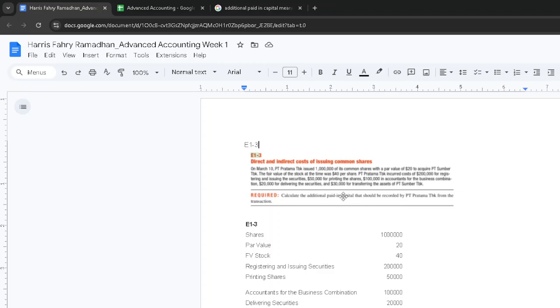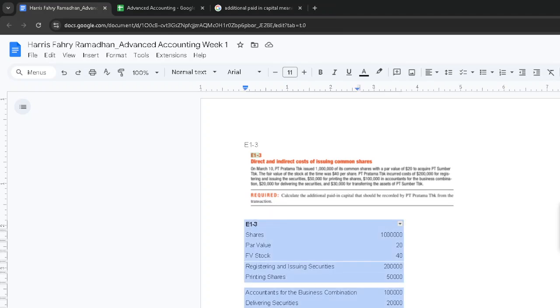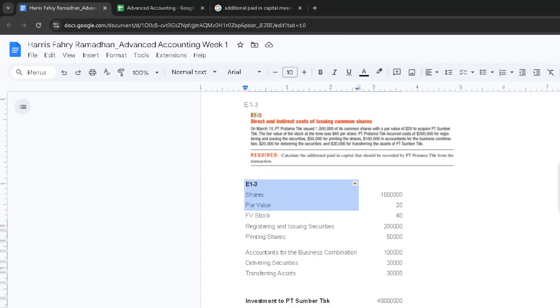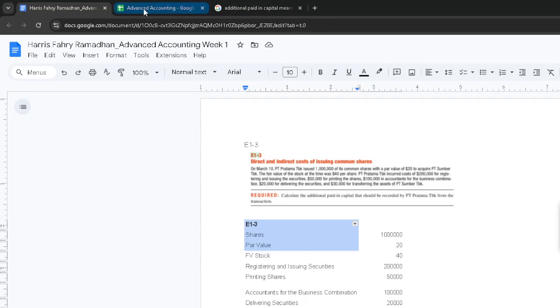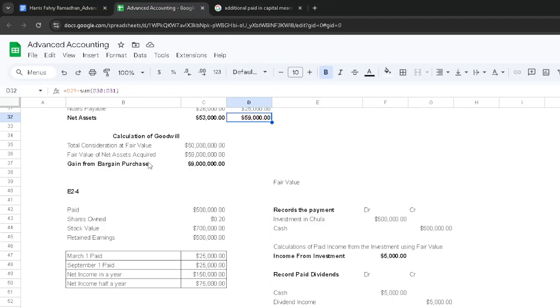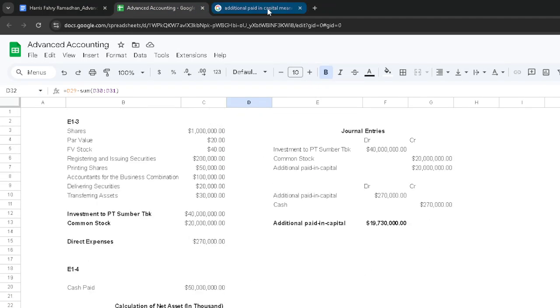The requirement of this question is to calculate the additional paid-in capital. To put it simply, what I would do first to solve this question is to find out what additional paid-in capital means. These are the information I've summarized, and also this one on the bottom. As I said, we need to first find what additional paid-in capital means, so I searched on Google.